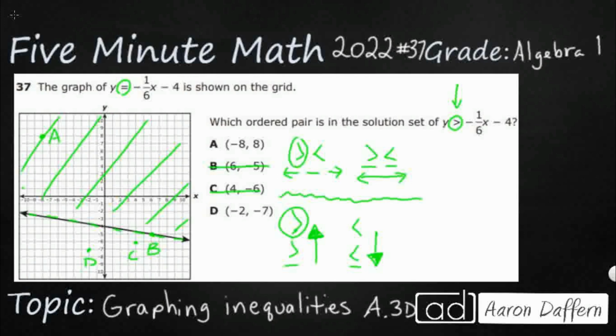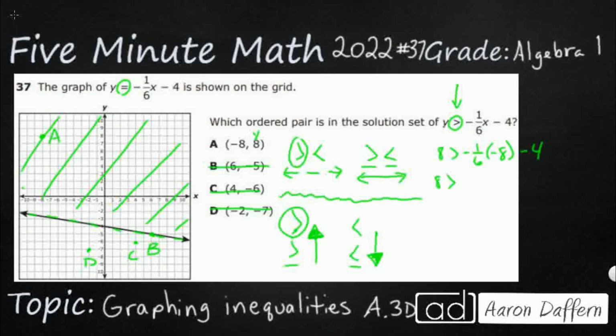Let's plug it in just to make sure. My y is going to be my 8, so I'll just plug this in. 8 is greater than negative 1/6 times negative 8, minus 4. So we just need to simplify. 8 is greater than, that's two negatives, right?